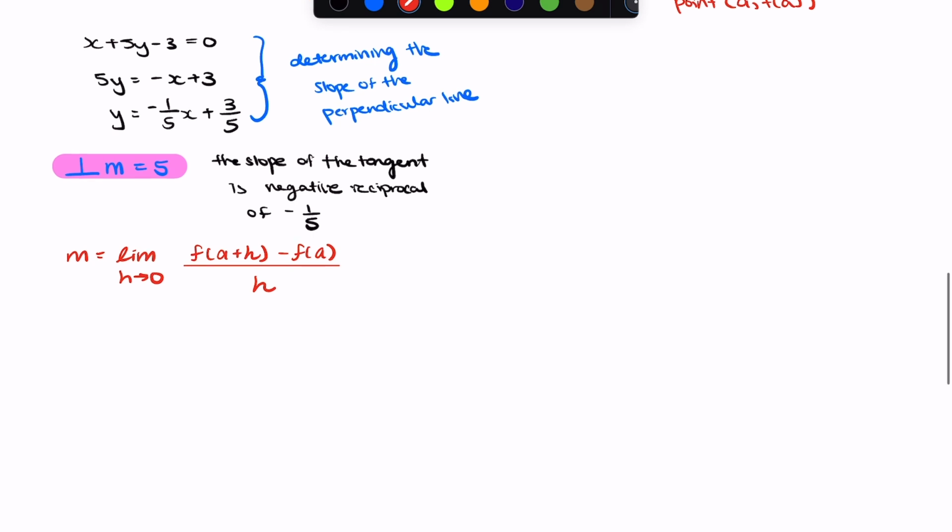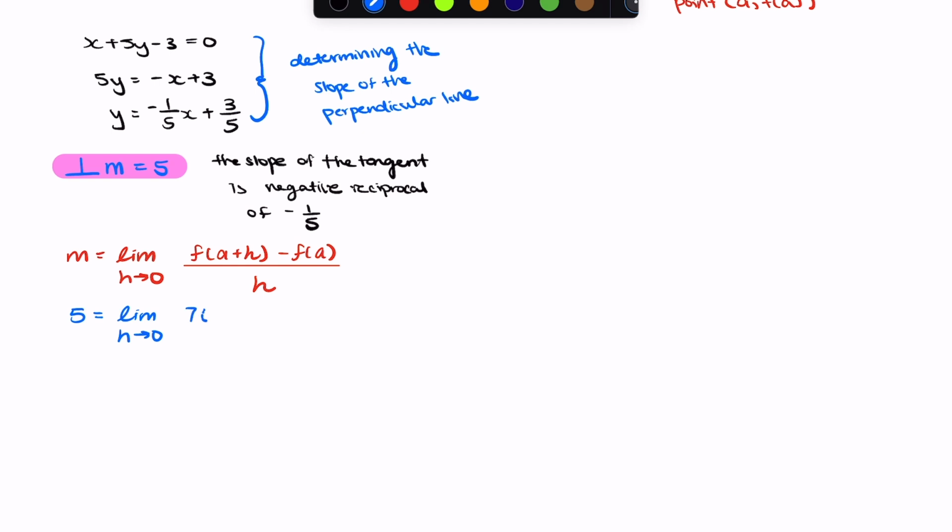So here it's a little bit different because this time we actually have the slope. We're going to sub that in. So m is going to be equal to 5 is equal to the limit as h approaches 0. And here we know that our function, so f of a plus h, we'll sub that into our equation 7x squared minus 2x.